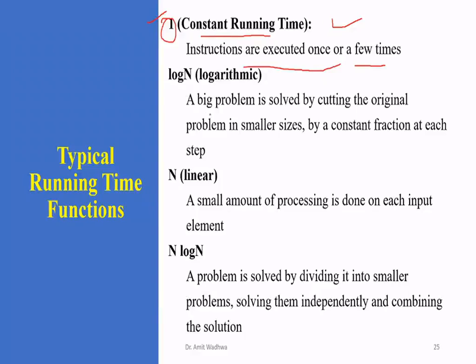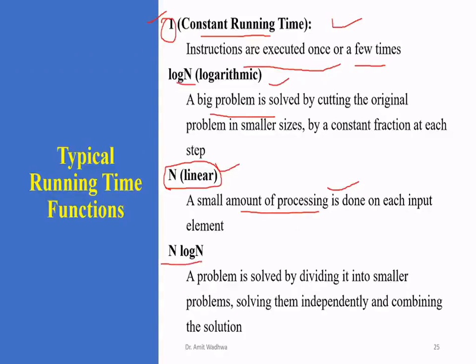If you have a big problem having a logarithmic behavior, now we know what a logarithmic behavior is, it will be log n. Where we have linear computations like a normal loop incrementing by 1, with no dependent factor and a small amount of processing done on each element, it will be a linear running time.